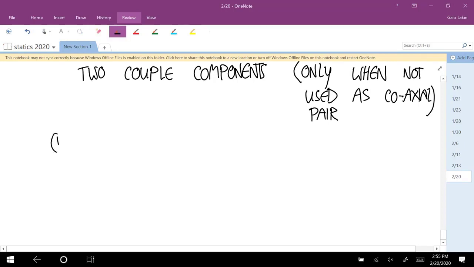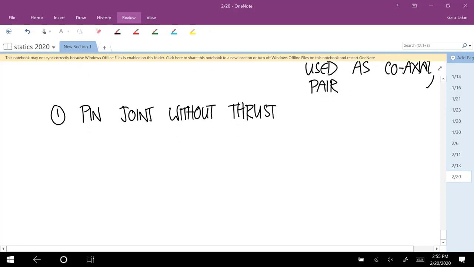So this is a pin joint without thrust, and it looks something like this.